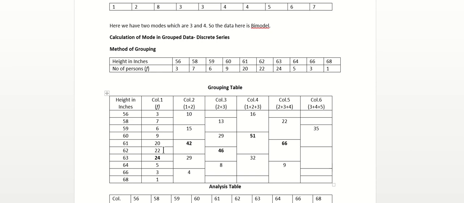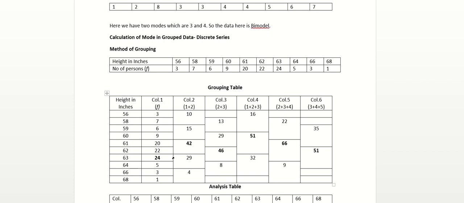Then I will add 22, 24 and 5. So it comes to 51. So here you can see we are not left with next 3. We have only next 2, so we will not do anything for this. So this is how I have calculated columns from 1 to 6.